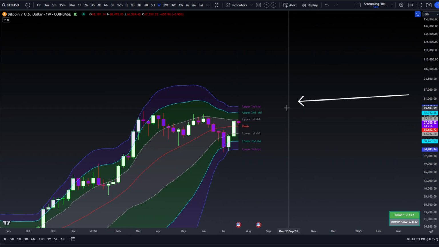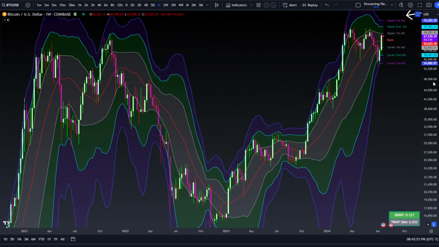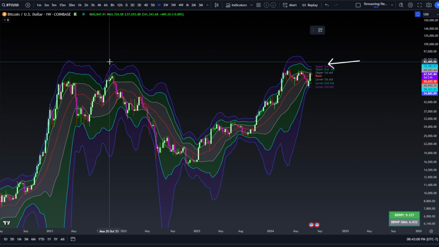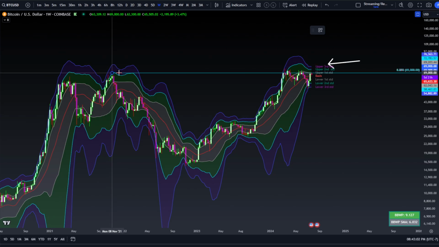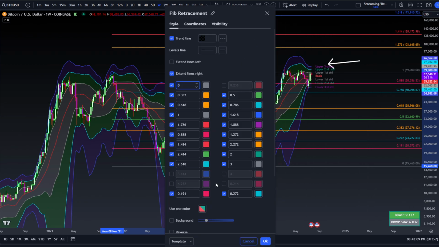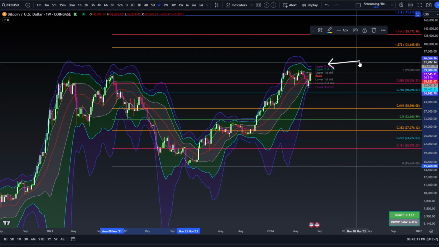And then if you really want to get granular with this, or you really want to see where things kind of fall, just take the last downtrend on the weekly from the prior cycle, and you can go high to low, and make sure that we're on log just to check ourselves. Yeah, we are.